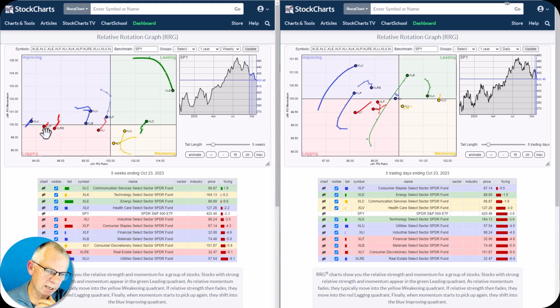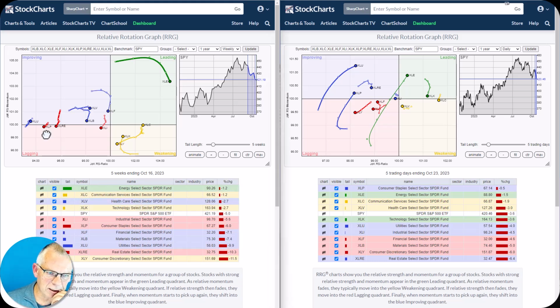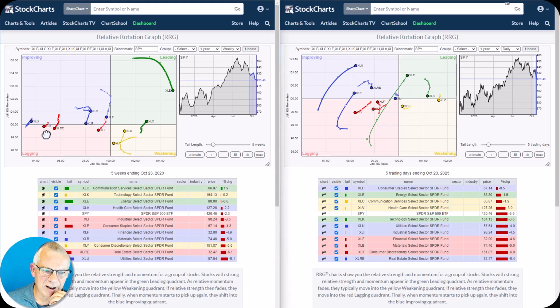We've got staples still inside the lagging quadrant at a very short tail, indicating that it is a stable relative downtrend. But if you look closely, then you will see that the last notch is kind of up for both of them. And then we've got healthcare that is starting to roll over. So all in all, this is a very nervous sector rotational pattern, I would say.